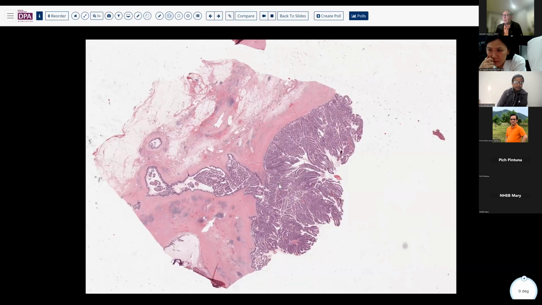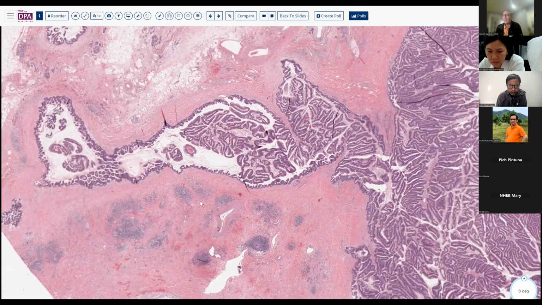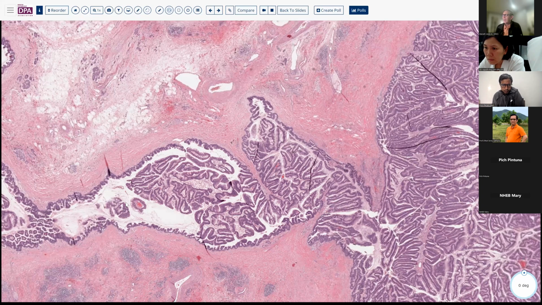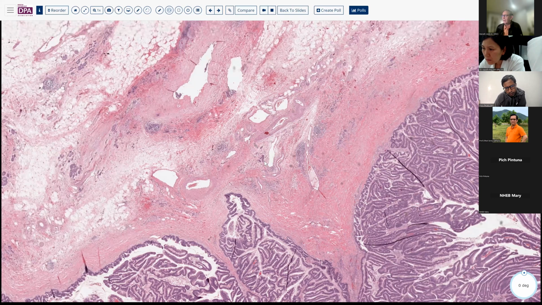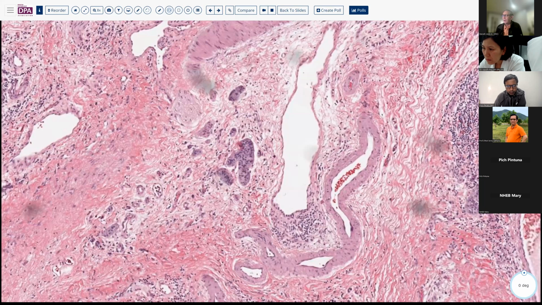All right, here's another example, and here you see it's a main duct, but it's extending out into the small branch ducts. And I show this case because this is a somewhat subtle case where if we look here in some of these surrounding tissues, like right here, we can see that, in fact, here we have very clear-cut carcinoma adjacent to lymphatics and large vessels.